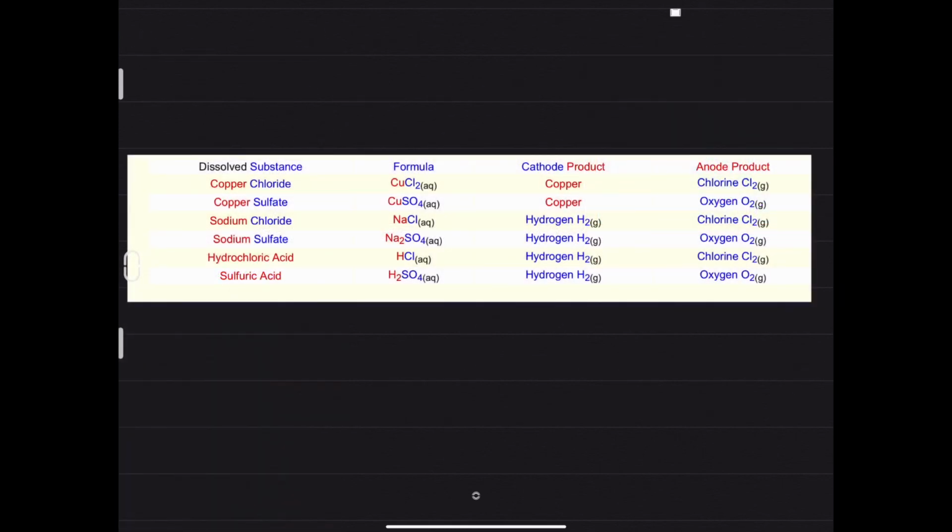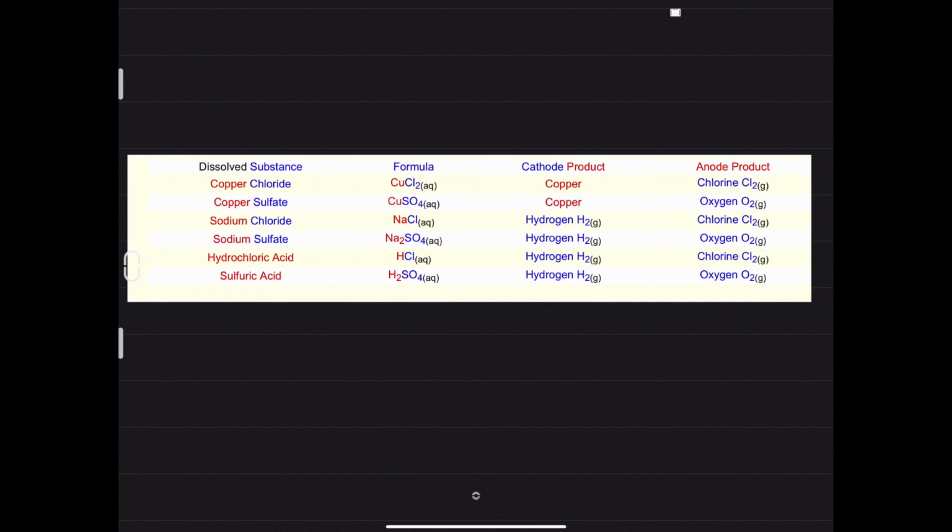To help you with determining what products will be formed at the cathode or the anode, I've given you here the dissolved substance, the formula, and then the product at the cathode and the product at the anode. So here you've got a list of seven different types of aqueous substances, which you can use to look at what products are being formed at each electrode.